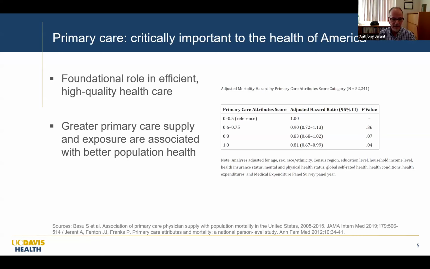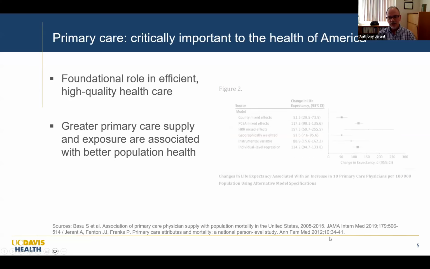This was a person-level study that I participated in using MEPS data that had some indicators of some of those core primary care attributes of continuity and comprehensiveness. And the higher the attribute score, meaning the more that it was approaching the ideal, the lower the adjusted hazard ratio for mortality over a short period. And you can see it's only significant at the top, but there's a clear trend in that direction, even for lesser degrees of perfection, as we might say.